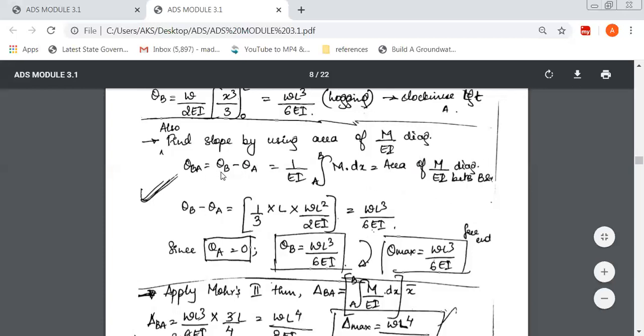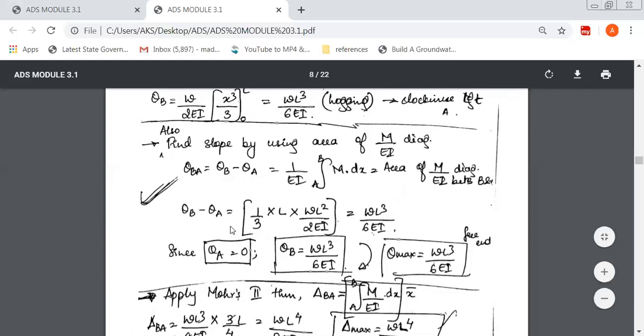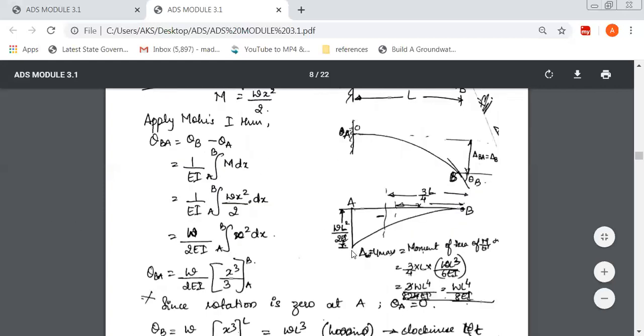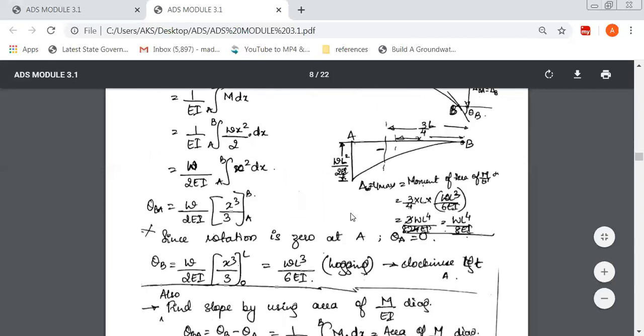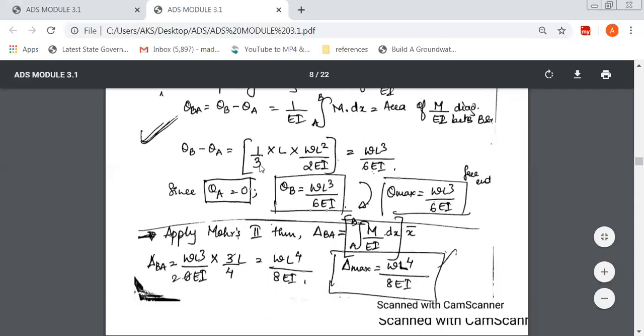You can just write theta B minus theta A, and directly write the area of the M over EI diagram between B and A. Because it is a cubic curve, the area is 1/3 of L into WL square by 2EI.